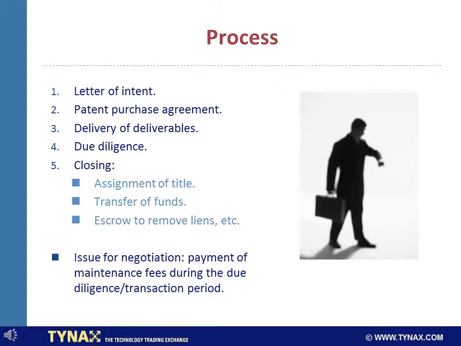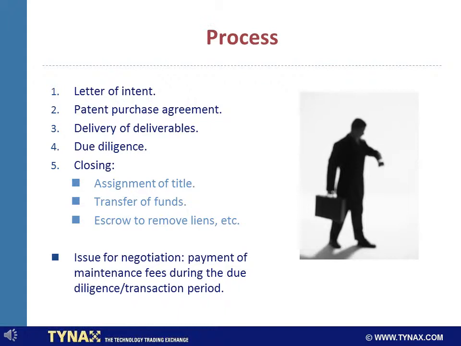The closing involves the assignment of title to the patents, passing ownership from the seller to the buyer, and the transfer of funds representing the payment. If the patents are subject to a lien by a bank or another lender, an escrow arrangement may be necessary to remove the liens. The escrow means that the buyer can buy after the lien has been removed, and the lien holder can remove the lien after the payment has been received.